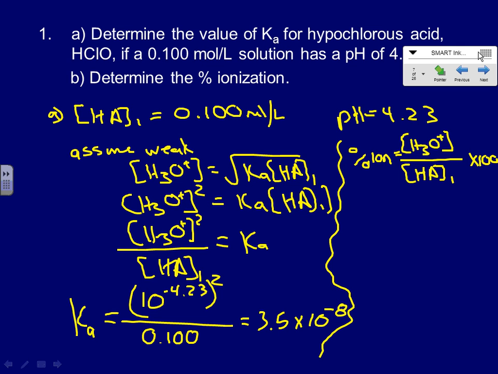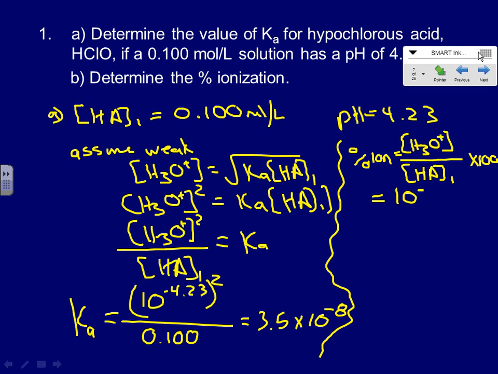In other words, how much H3O plus was formed from that initial concentration of acid. In other words, how many H's fell off times 100. I probably didn't call it an HA initial last year. I just called it concentration of acid. But now we know what that is. So this is very straightforward from last year.